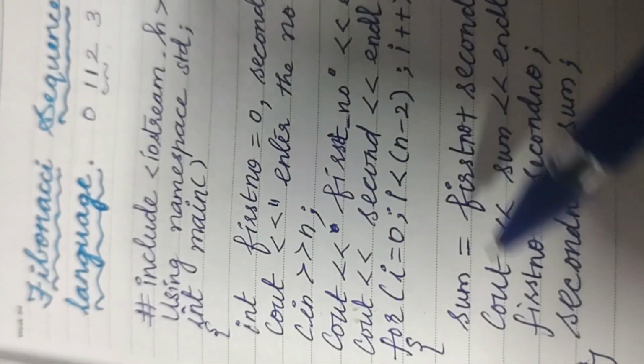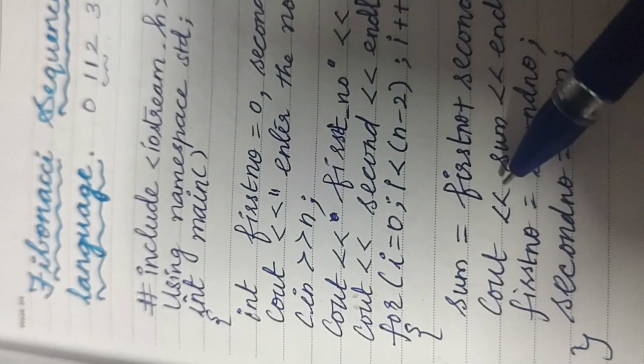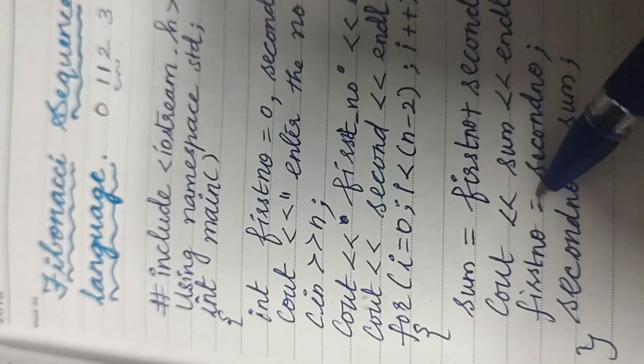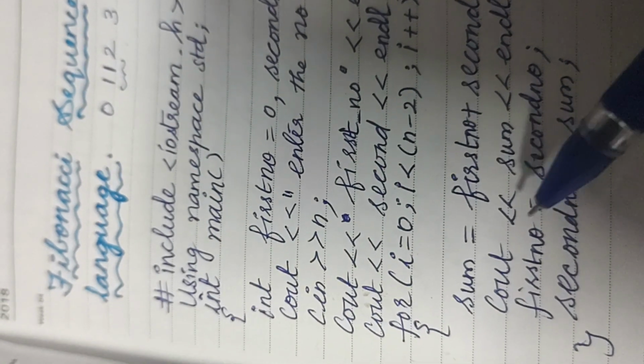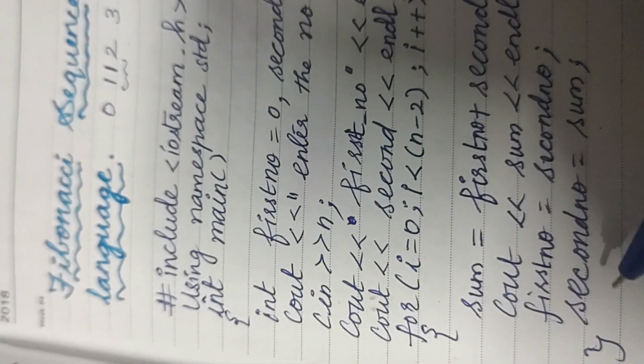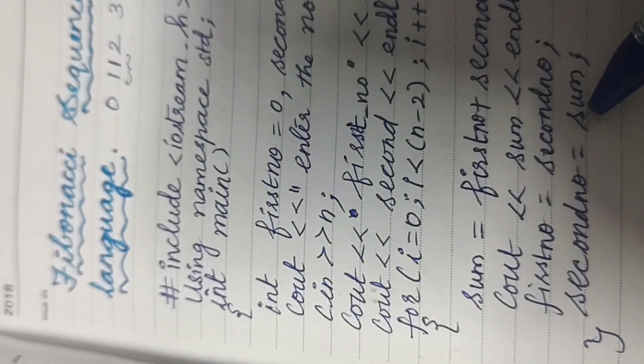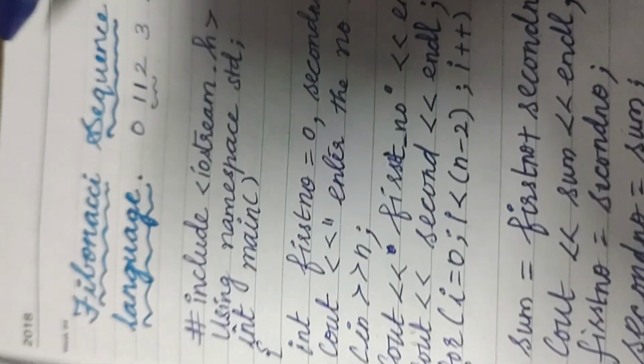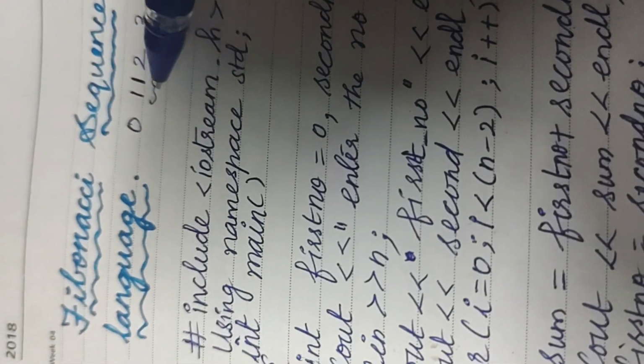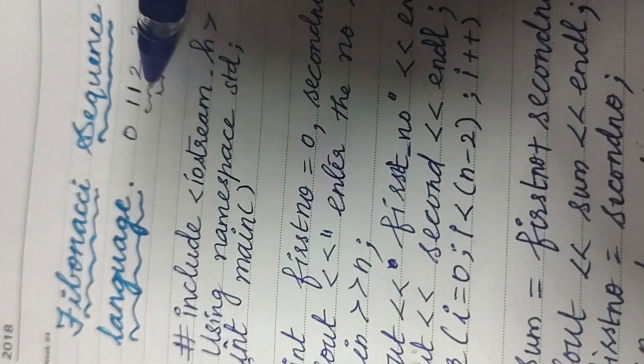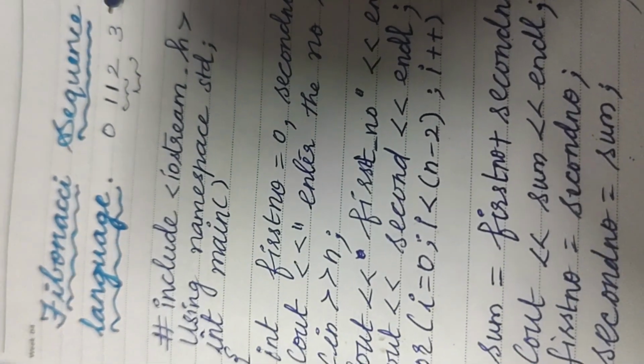Then the first number is assigned the second number's value, that is 1. Then the second number is equal to sum, and the sum value is 2. That is the last two digits, 1 and 2. By adding these, the next digit will come.